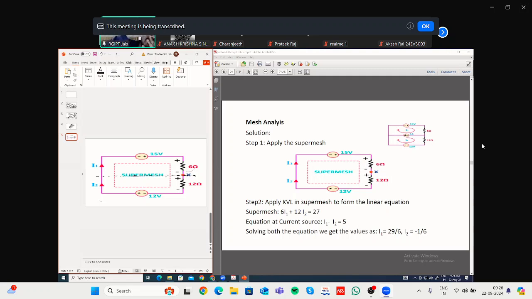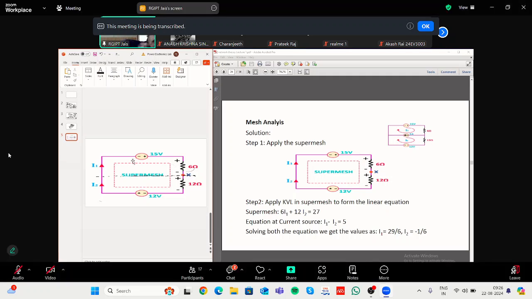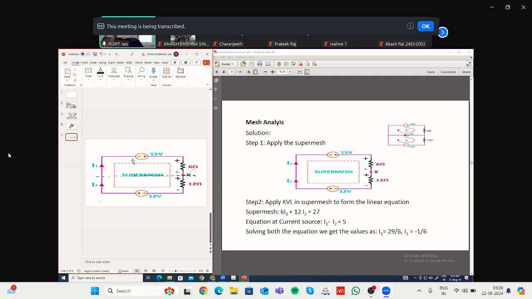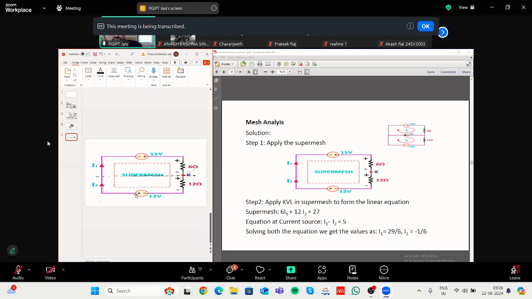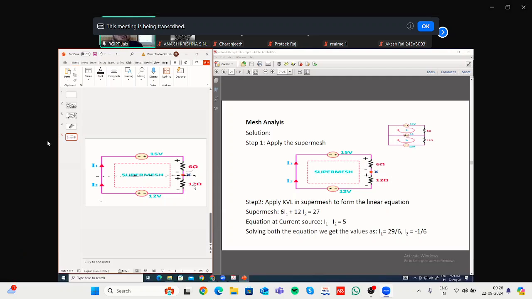For any element in the top half, it belongs to mesh 1, so the current through this 6 ohm resistance is 6 I1. The 12 ohm resistance belongs to mesh 2, so the current through it is I2. That is the only thing here.